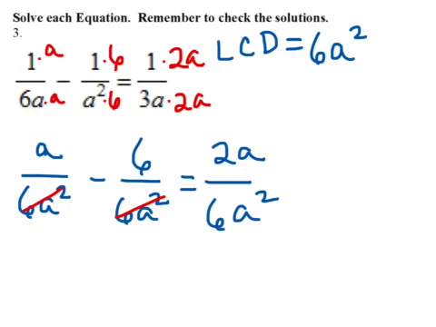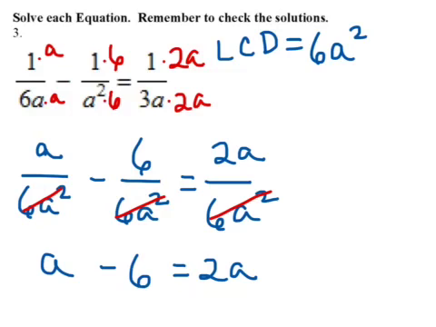So by eliminating my 6a squareds on both sides of my equation, I'll rewrite my resulting equation as a minus 6 equals 2a. Remember, we want to be mindful of this minus sign when we're subtracting rational expressions.